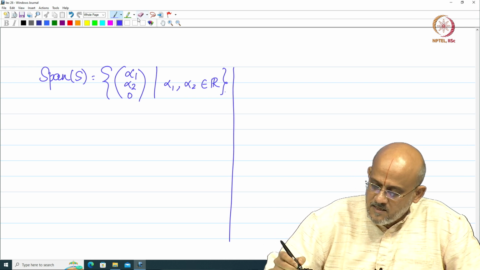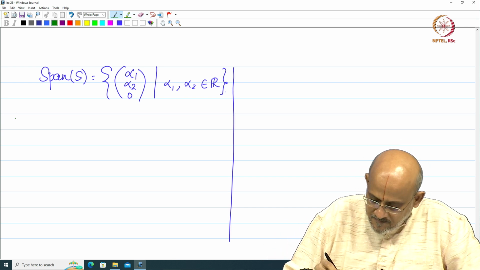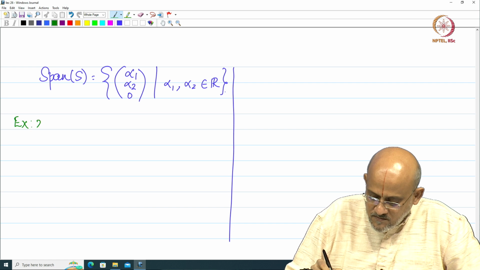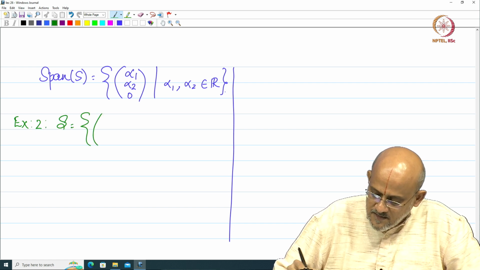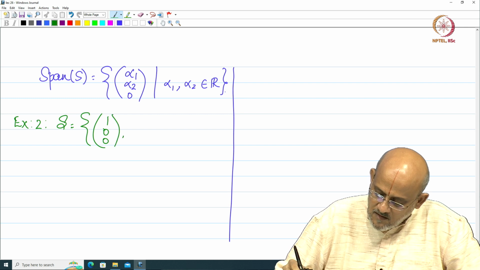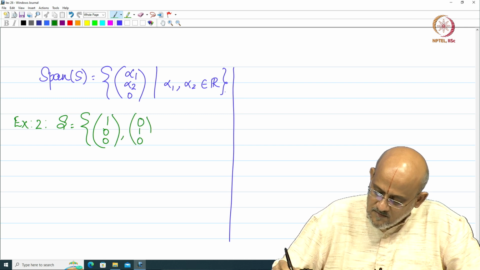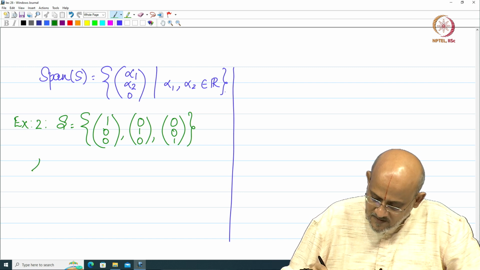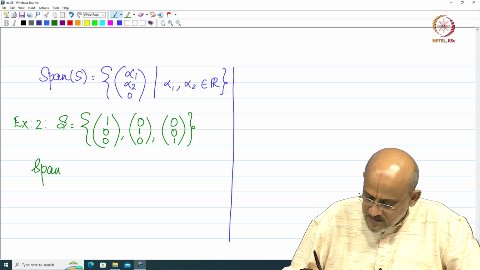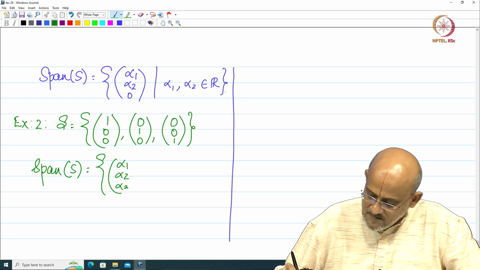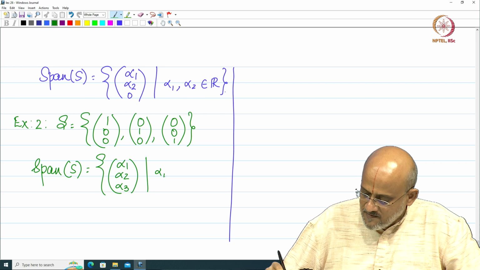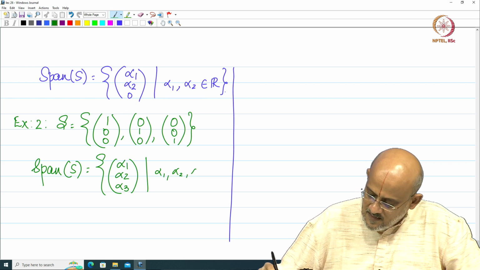Now, let us look at the second example, example 2. Suppose I have this S, which is basically the vectors 1 0 0, 0 1 0, 0 0 1. Now, what is the span of S? Span of S is basically the set of all vectors alpha 1, alpha 2, alpha 3, for alpha 1, alpha 2, alpha 3 real.